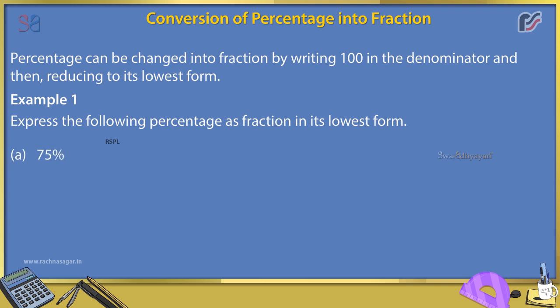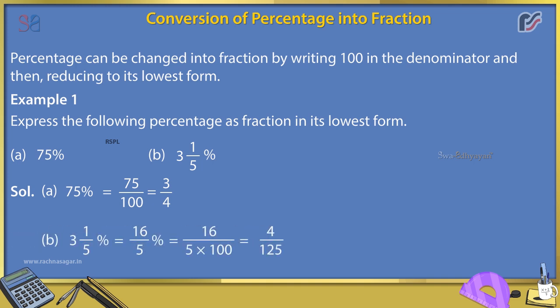A. 75%. B. 3 and 1 by 5%. Solution. A. 75% is equal to 75 by 100, which is equal to 3 by 4. B. 3 and 1 by 5% is equal to 16 by 5%, which is equal to 16 by 5 into 100, which is equal to 4 by 125.